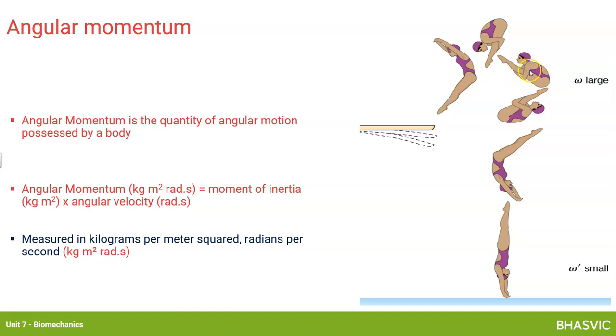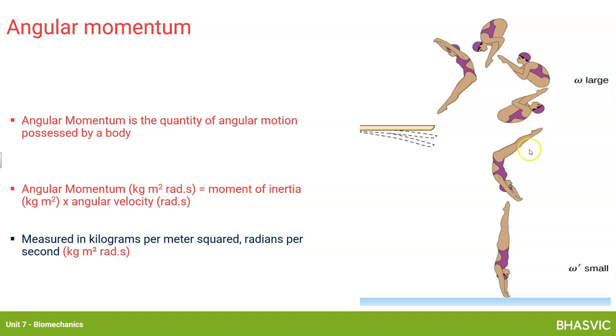And part of the reason they get into such a tight tuck position, or pike position in this example, is so that they are as close to that rotational axis as possible. What that means is the moment of inertia is quite small and the angular velocity is quite large. So this omega sign means angular velocity, i.e. the tighter they tuck, the faster they spin around that axis.